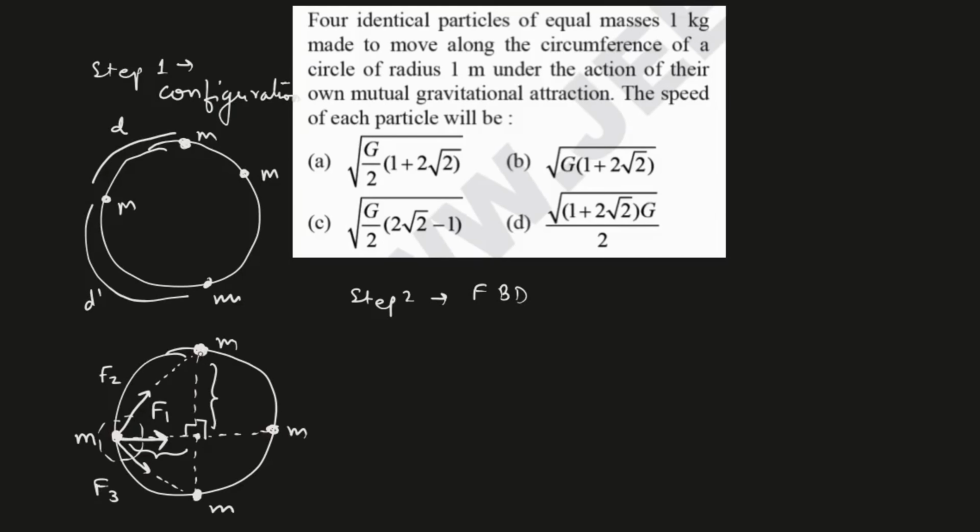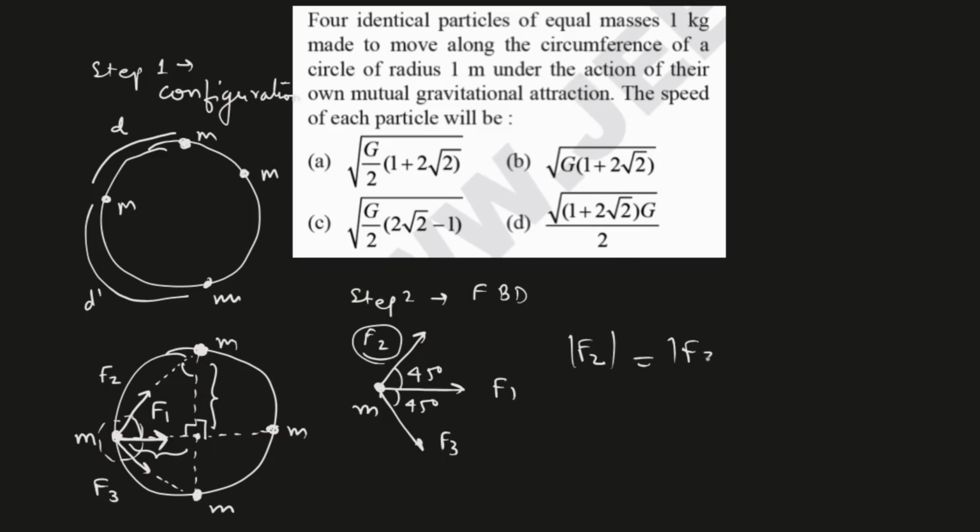So this is an isosceles triangle and this angle will be 45 degrees. So let's simplify this. This is mass M experiencing a force F1. This is F2 and this is F3. And we just noticed that these angles are 45 degrees. And the magnitude of F2 is the same as the magnitude of F3.